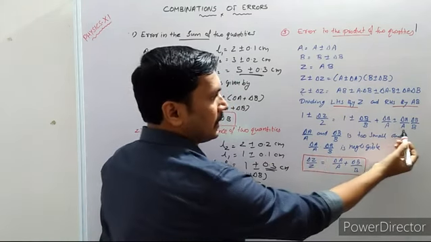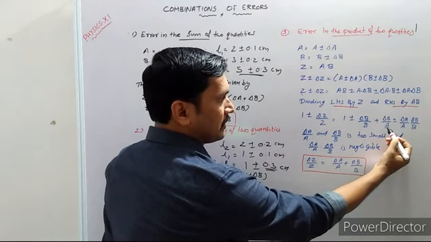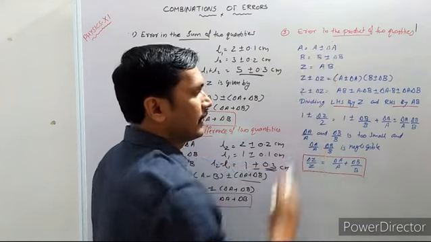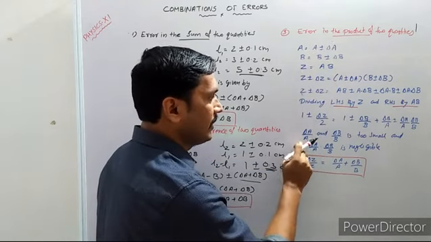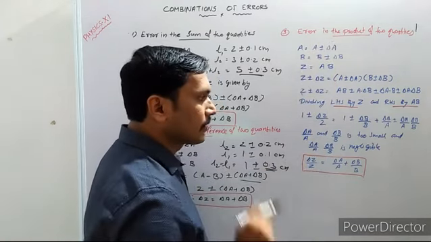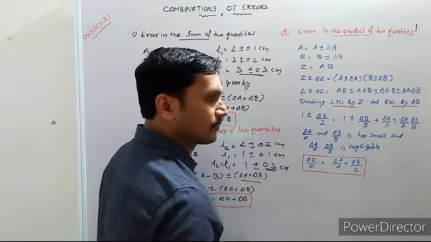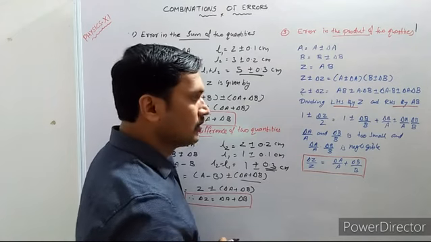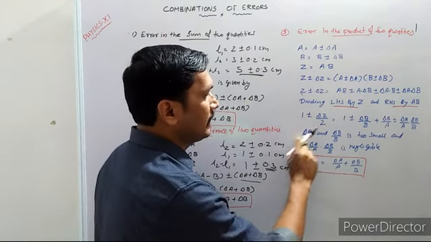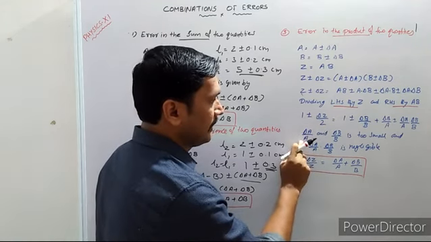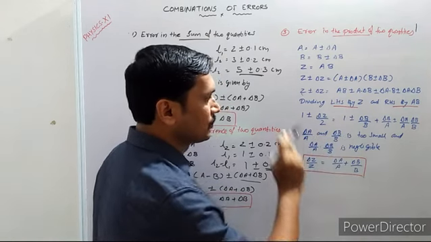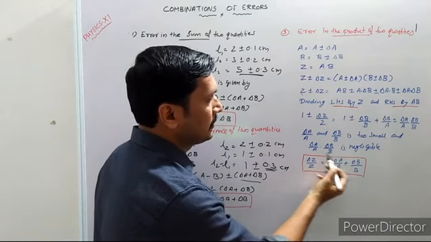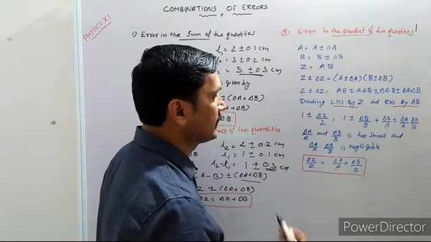We know that delta A by A and delta B by B are the relative errors in A and B. We already know that relative error is very small. So if delta A by A and delta B by B are very small, their product delta A by A into delta B by B is further small and negligible.